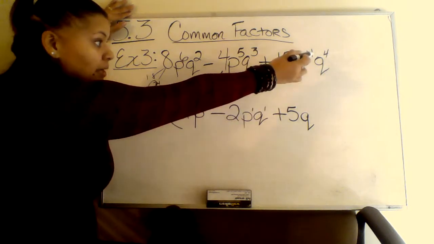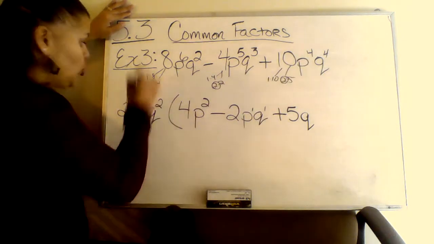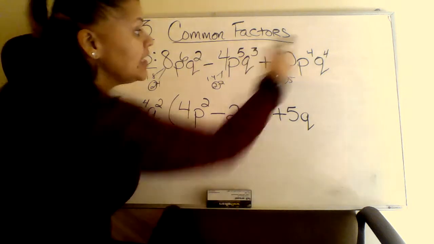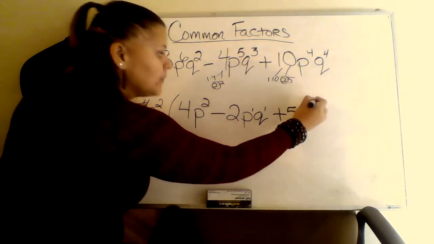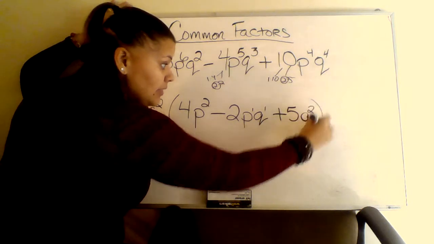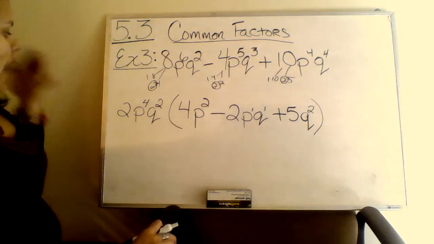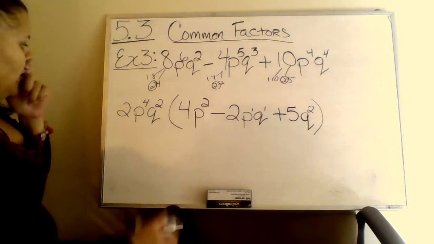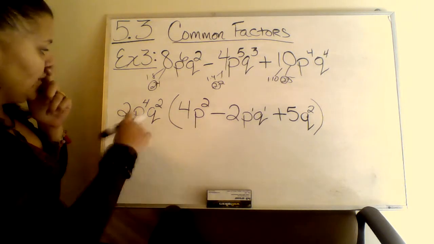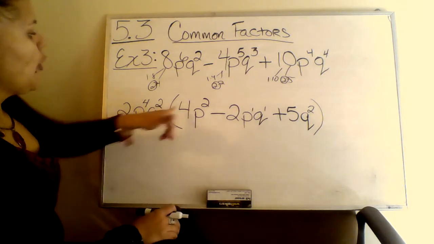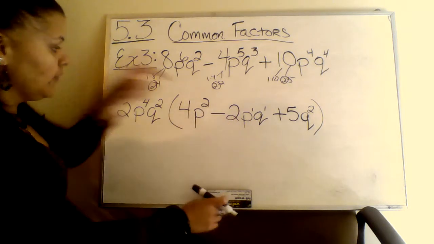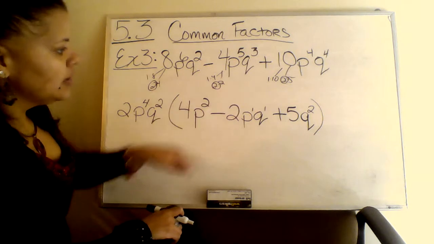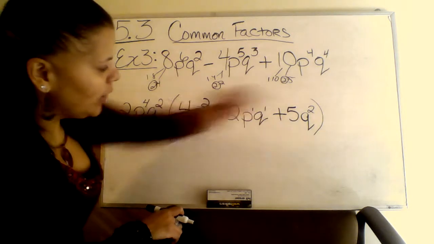I have 4 up here. 2 plus 2 gives me 4, so I'm missing 2 more Q's. So now I have 2P to the 4th, Q squared, times parentheses 4P squared minus 2P to the 1st, Q to the 1st, plus 5Q squared.